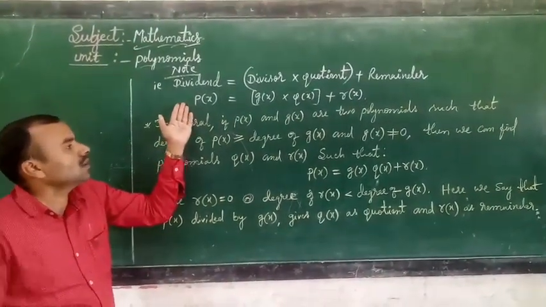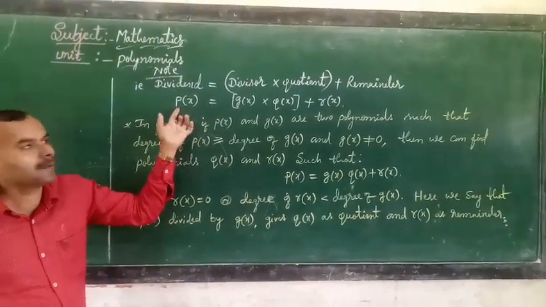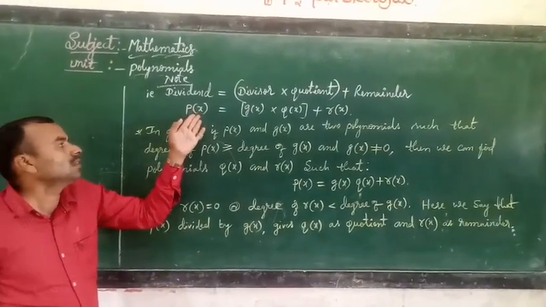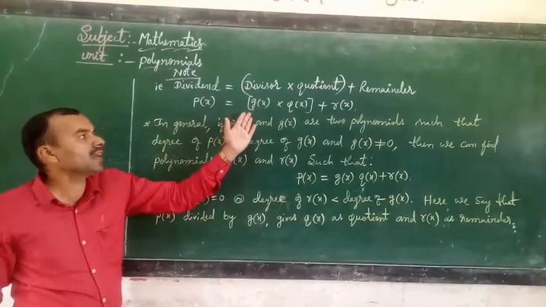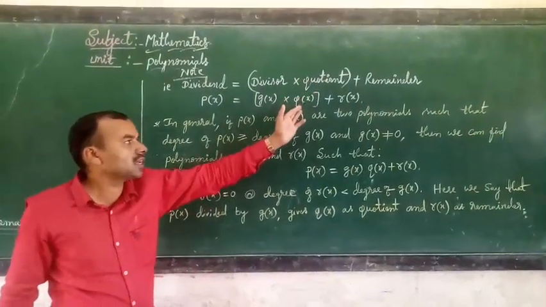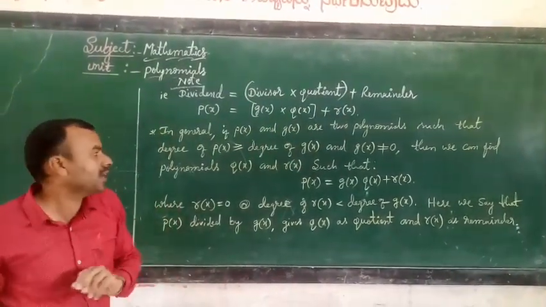We relate it to polynomials. Dividend is p of x, a polynomial with variable x. P of x equals g of x, considered as the divisor, into quotient written as q of x, plus r of x, the remainder.